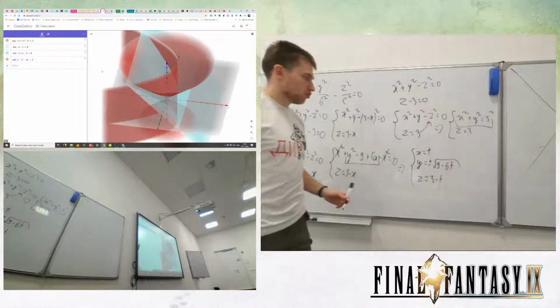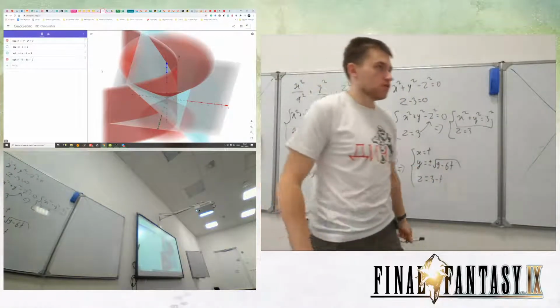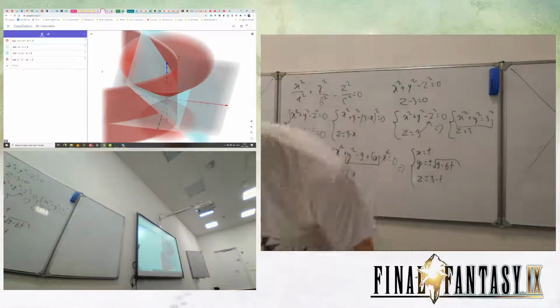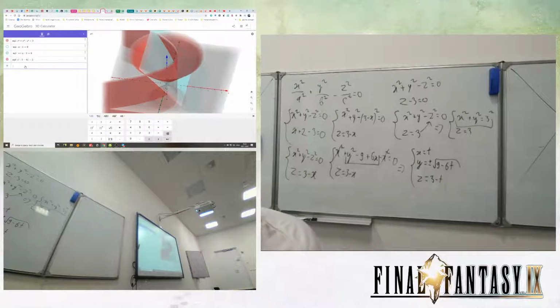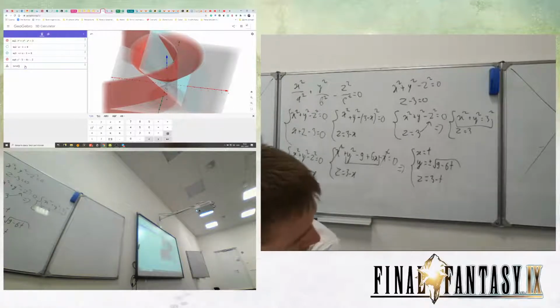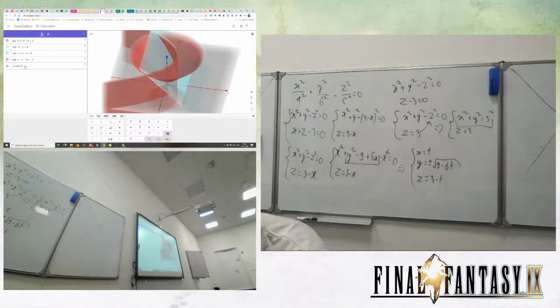The problem is I don't know how to put plus minus in GeoGebra. So we need to put 4 equations, you mean. Actually, if you want to make a curve, you can write curve and write it like this. So first will be t, after this square root of t. Curve.